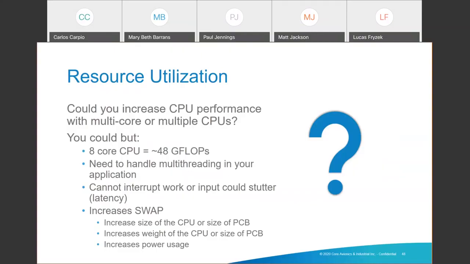And then using larger CPUs or more CPUs increases the size of the CPU itself, the IC, and the PCB that we need to mount it on. So this increases the size and weight, and also increases the power usage when you're using multiple CPUs or multiple CPU cores, which in cockpits today, size, weight, and power is a critical thing that everyone's been focusing on. So this kind of goes against what the industry trends are right now.